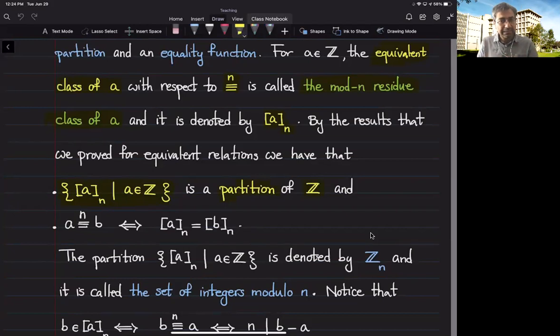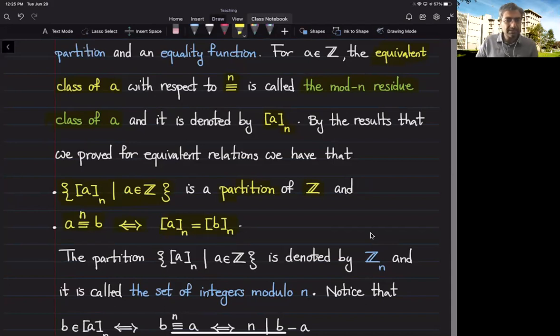In particular, in our setting now, we get that A is congruent to B modulo N if and only if the mod N residue class of A is equal to the mod N residue class of B. We will be using this again and again later to translate questions about residue classes to questions about integers mod N, to congruence questions.